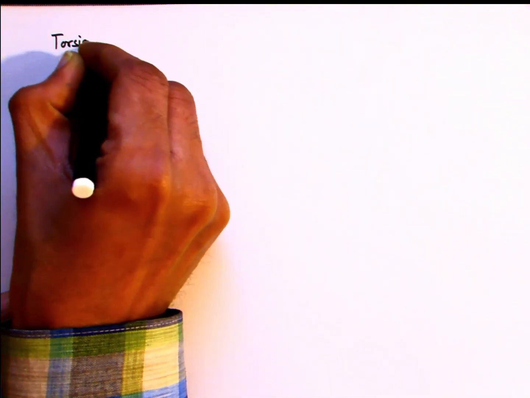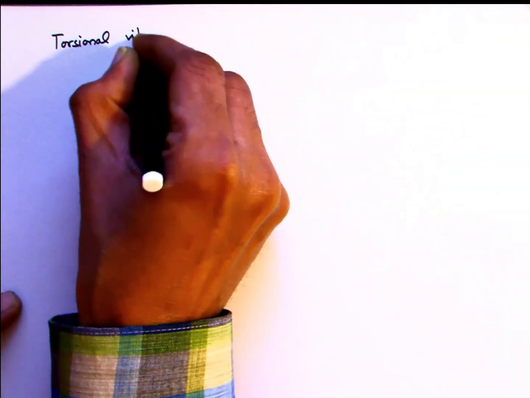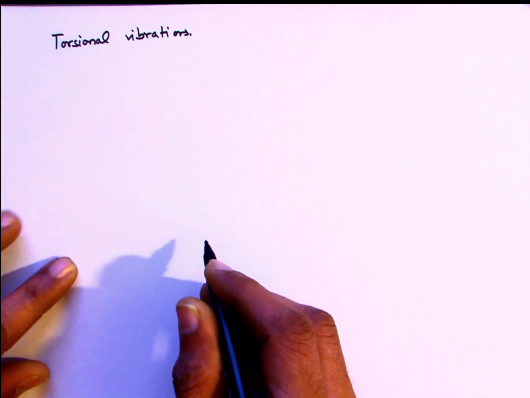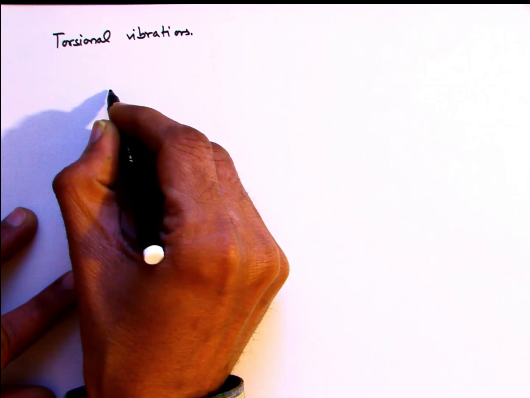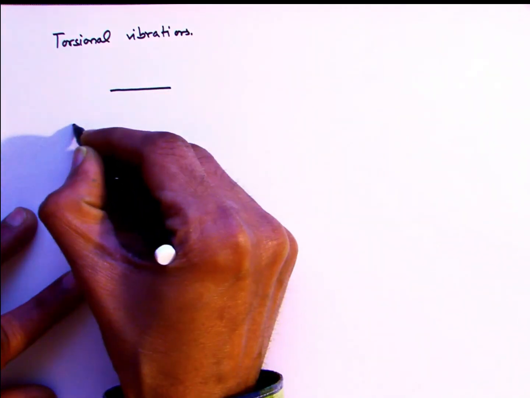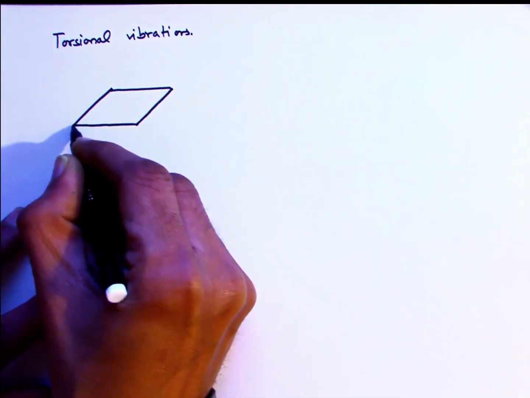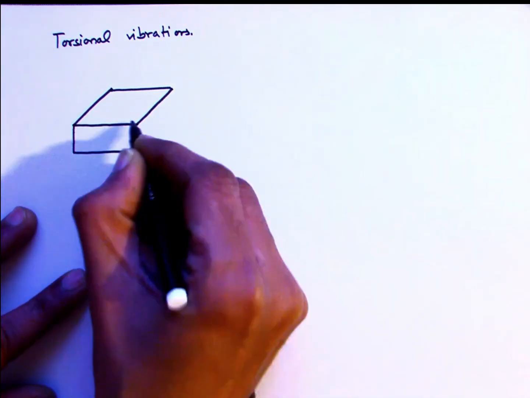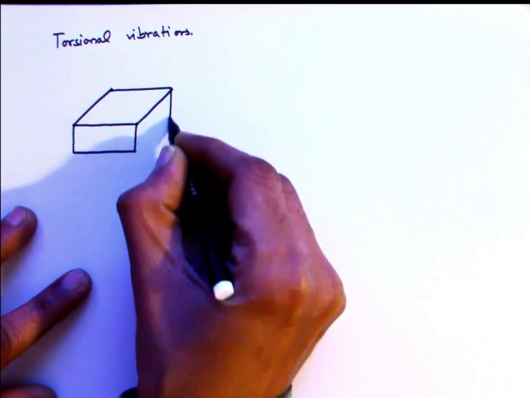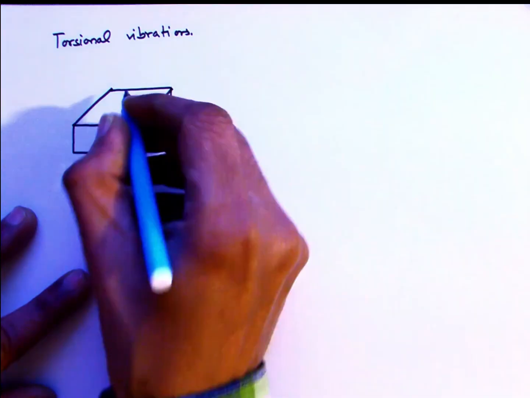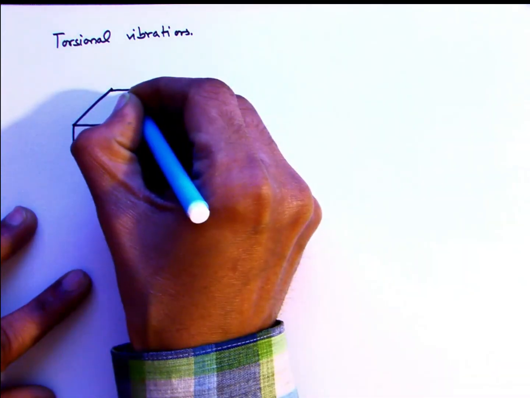Having learnt these types of soil stiffnesses, the last type of spring stiffness is that for torsional vibrations, and we call this spring constant k xi or k phi or k theta z, meaning that it's for the rotation about the z-axis, which is the vertical axis.